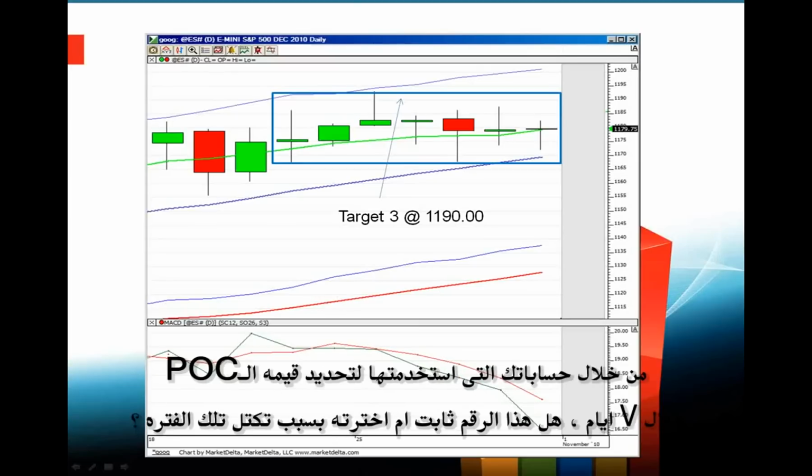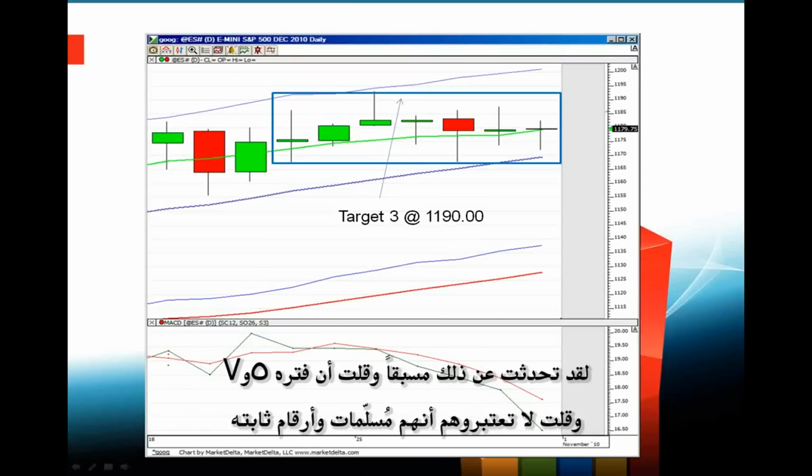In the calculation that you use to determine the average POC, I think you'd use 7 days. Is 7 days a number that you always use, or do you go based on what the consolidation period has been? I chatted about that a little bit earlier, the 5 and the 7, and I specifically said don't look at them as gospel or key numbers.